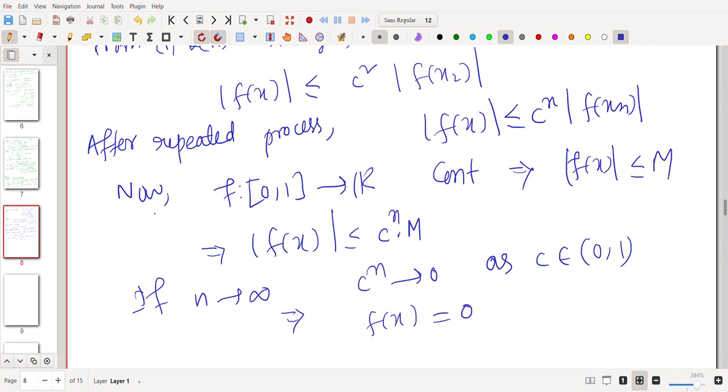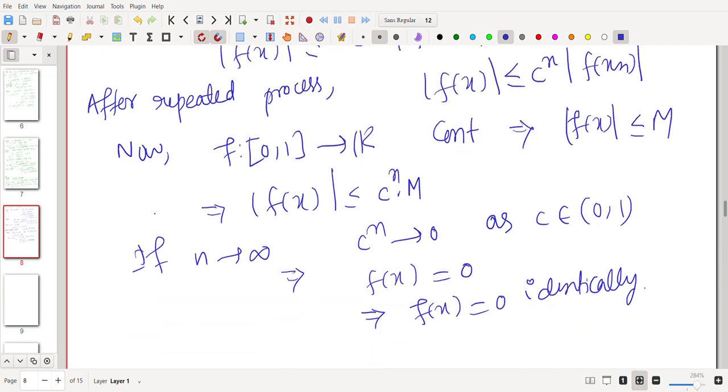Now you can start with any x and do the same thing. Okay, and in particular f(0) is given to be 0. That's why you can choose any x greater than 0 which is less than or equal to 1 and do the same thing. That will imply f(x) equal to 0. Hence f(x) equal to 0 identically. This is actually a direct exercise from Goodman's book.